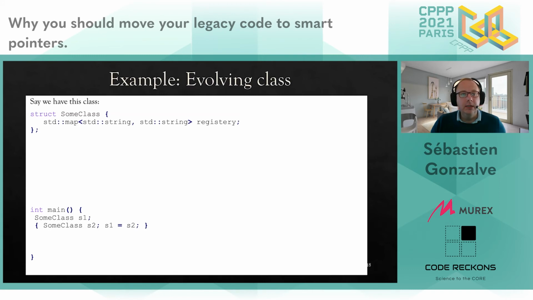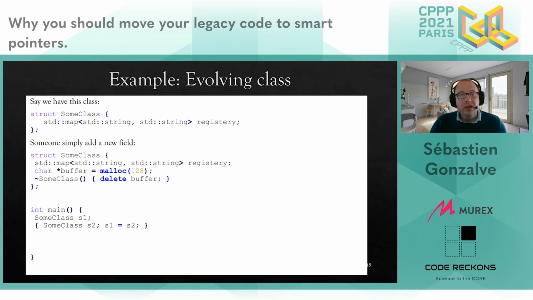So here is a class with a map. It's used in main. Here it's a bit clumsy, but it's just an example. I create an object S1 and an object S2. And as you can see, I just copy S2 into S1. And okay, it's working great.